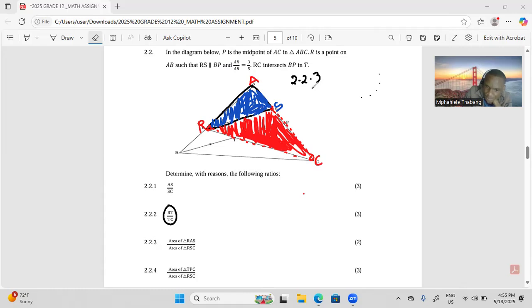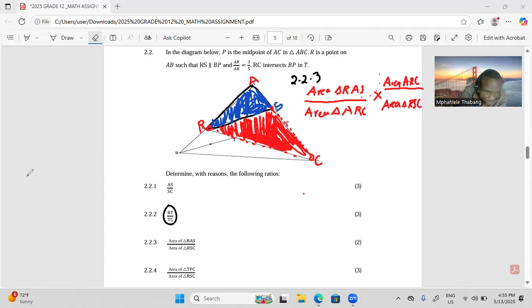I'm going to say this is the same as the area of triangle RAS times, now I involve this big triangle, the area of triangle ARC, times area of ARC divided by the area of triangle RSC.